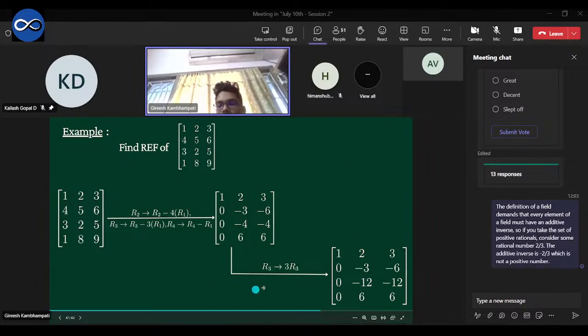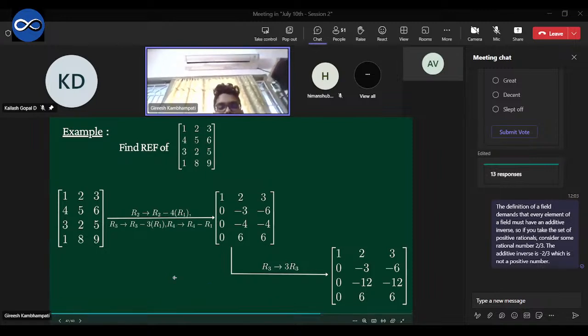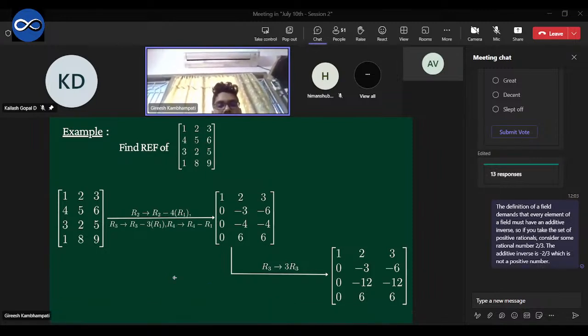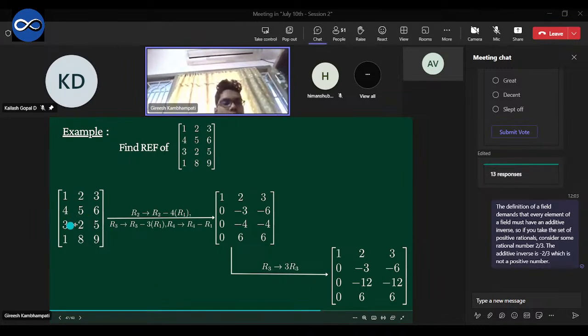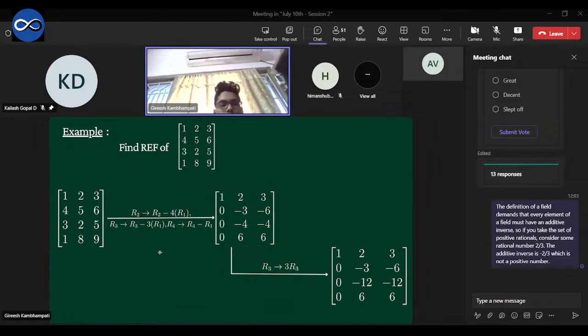And by applying similar operations, we can make the second element 0 like that. First we will make the first element in every row 0 except the first row, and we will obtain this matrix, like 1 2 3, 4 5 6, 3 2 5. Consider this matrix. We want to find the row echelon form of this matrix.